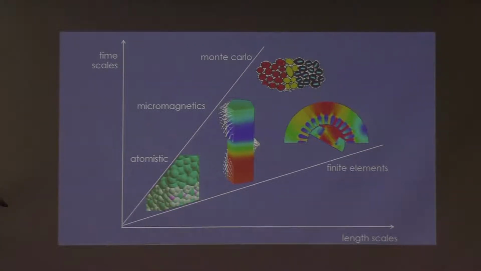There are also time scales involved. We are in the range of less than picoseconds for the atomistic model, and in the range of nanoseconds if we look at micromagnetics.